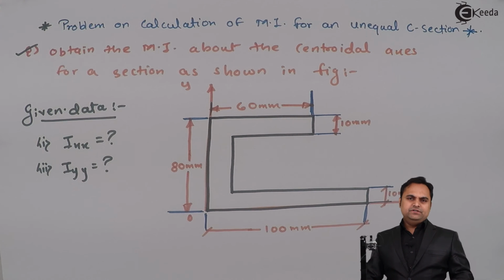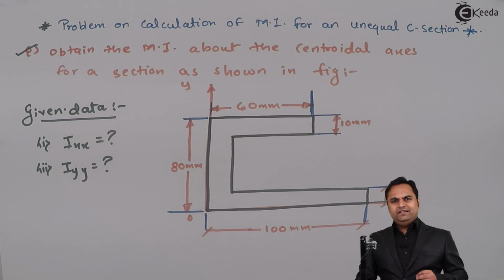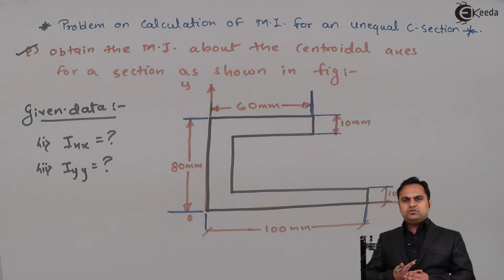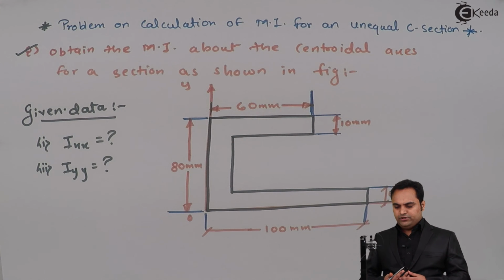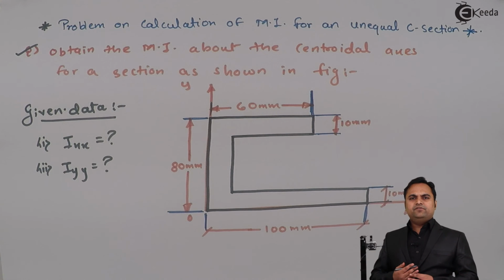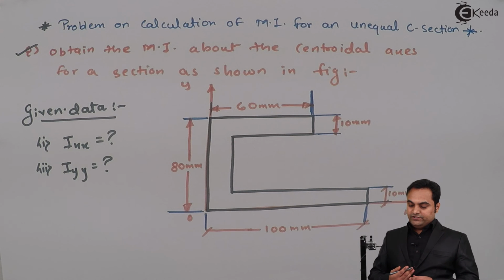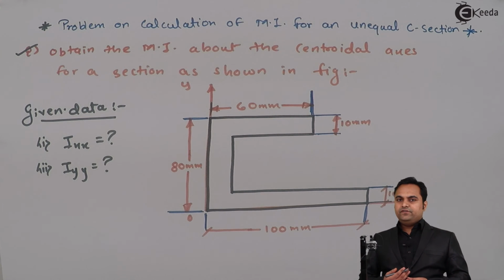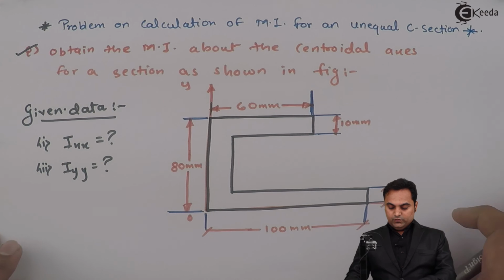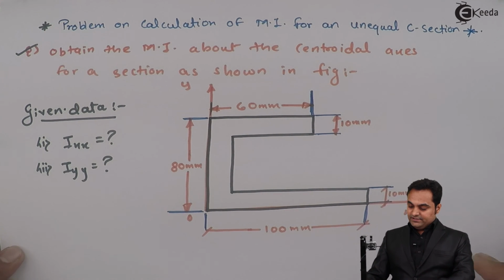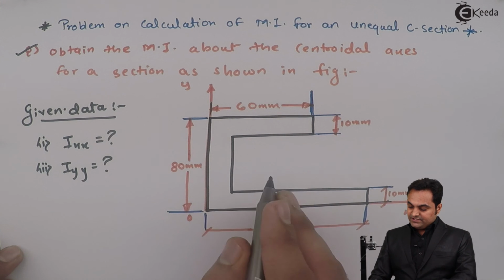So for that purpose, the first thing we should do is to calculate the centroid. Once we know the location of centroid, then only we can proceed further in the problem of moment of inertia. So the first thing is to calculate the centroid, and for that we require x bar and y bar values, and in that case here we need to divide this C section.